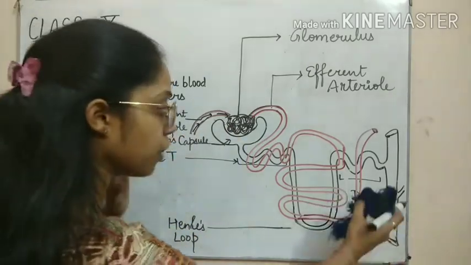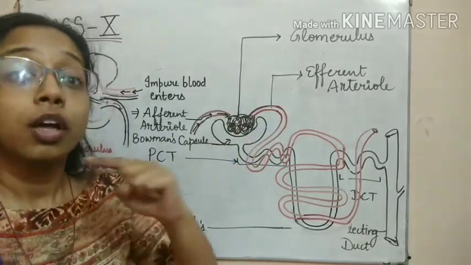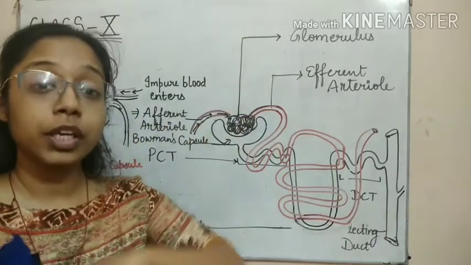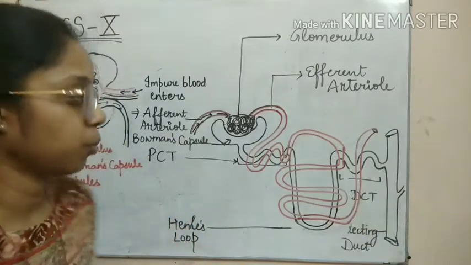The purpose of nephron, the purpose of glomerulus, the purpose of kidneys is to excrete out the waste, to filter out the waste, harmful product from the body, not the useful product from the body.